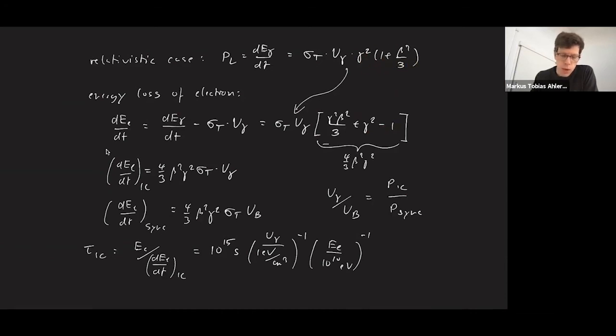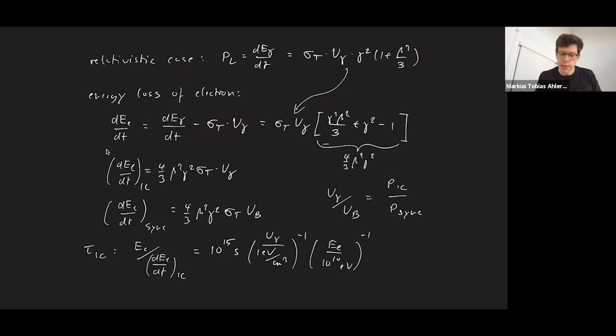And then the minus 1 is coming from the fact that even electrons at rest will scatter photons. Of course, this is not causing any energy loss of the electrons. This will just be a redistribution of the photon energy via the scattering process. So this is not contributing to the energy loss of the electrons, and this is the reason why we correct for this term here.